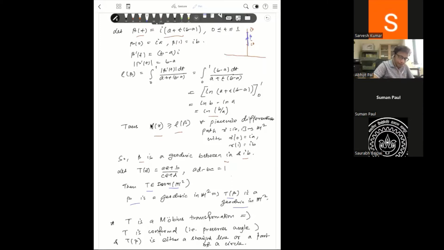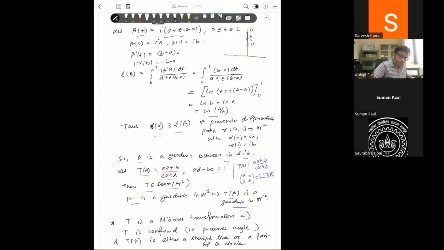Now notice that T, I have taken Tz to be (az plus b) by (cz plus d), where a, b, c, d belongs to SL2(R). So T is an isometry of this upper half plane.